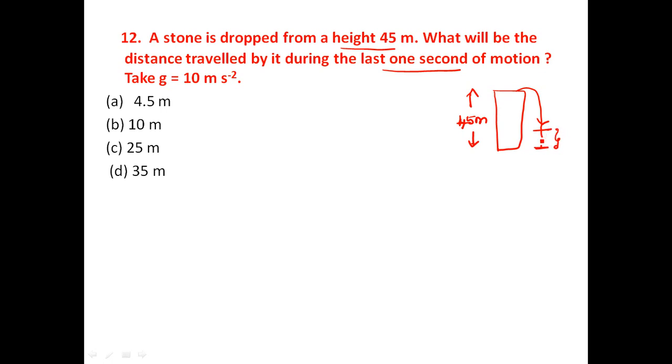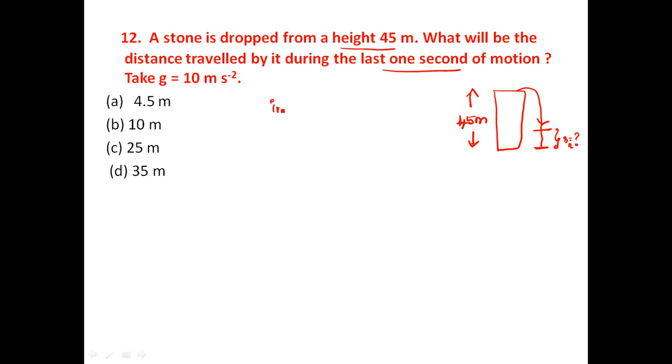How much distance did it cover in the last 1 second? S is what we have to calculate. That is our Sn, distance traveled in nth second. Before that, we need to find how much time did it take to cover this distance of 45 meter.